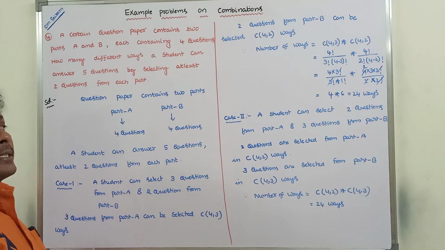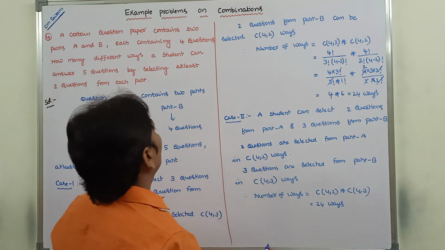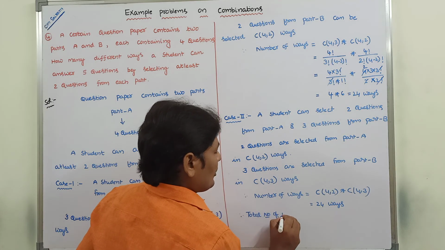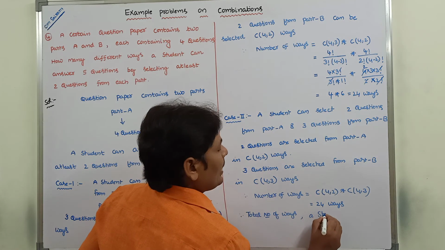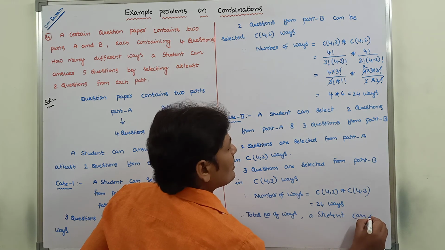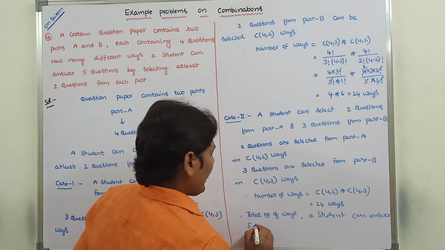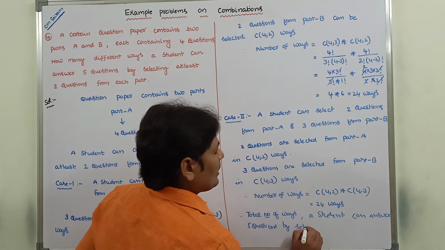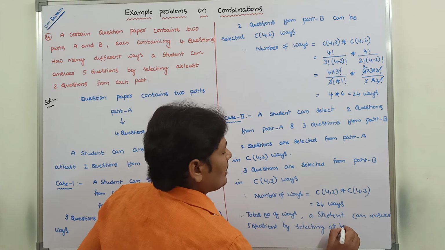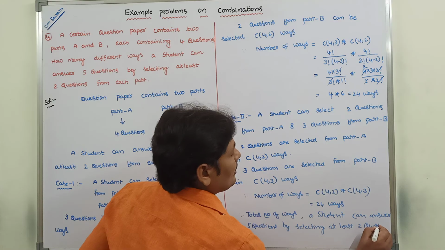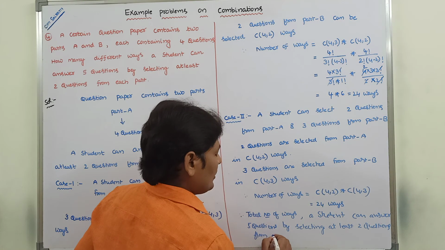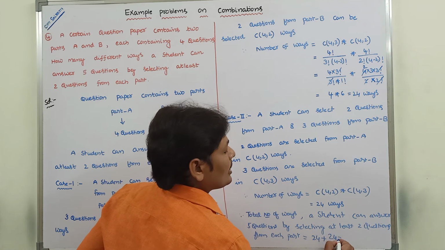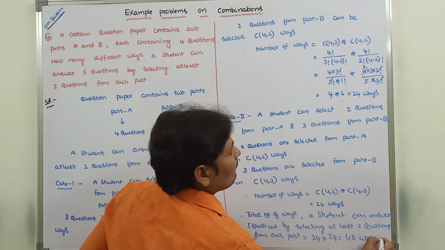From case 1, 24 ways. From case 2, 24 ways. So the total number of ways a student can answer 5 questions by selecting at least 2 questions from each part is equal to case 1 ways 24 plus case 2 ways 24, that is 48 ways.